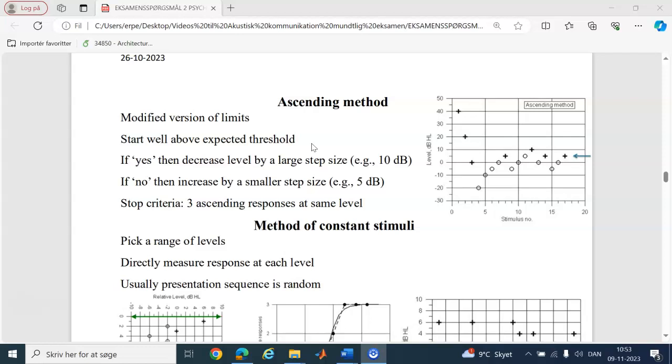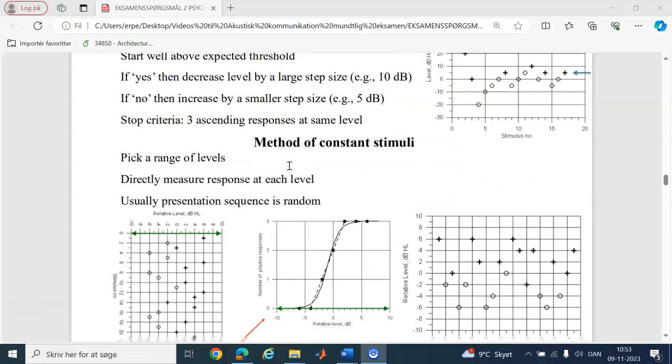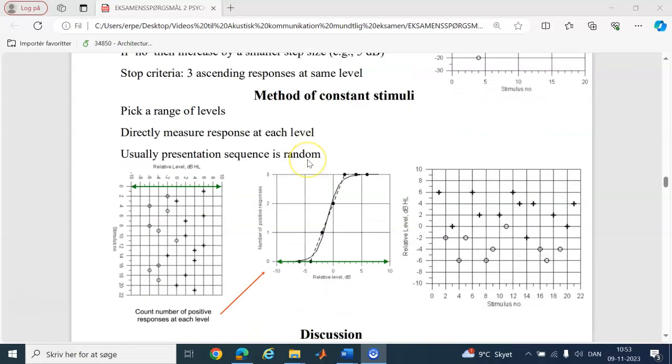If no, then increase by a smaller step, for instance 5 dB. The stop criterion is when you get three counting responses at the same level. So yes, yes, yes, no, no, no, and yes. If this last yes occurs three times at the same level, you have the answer.